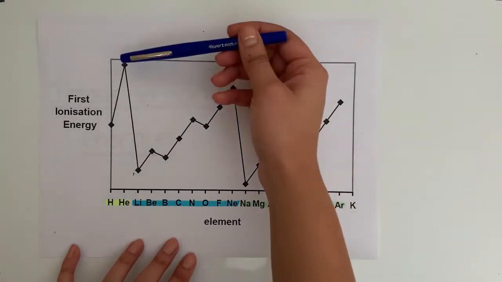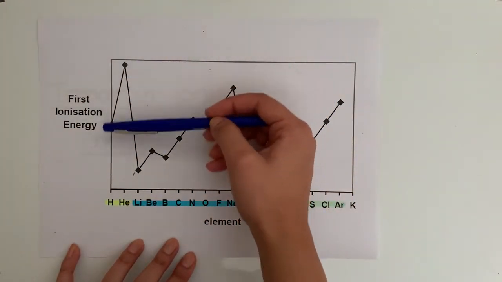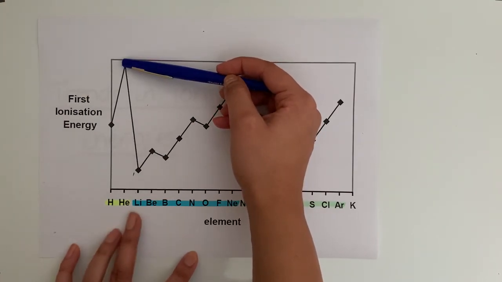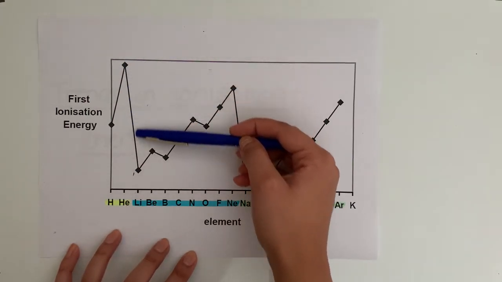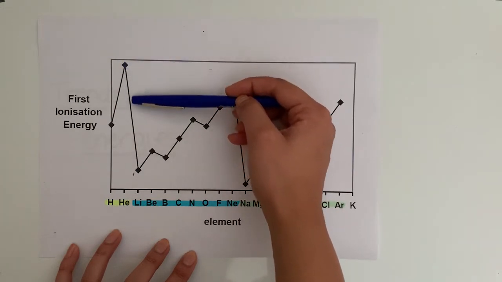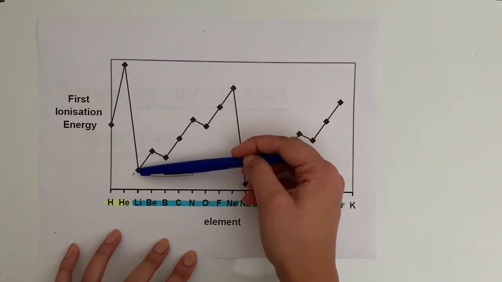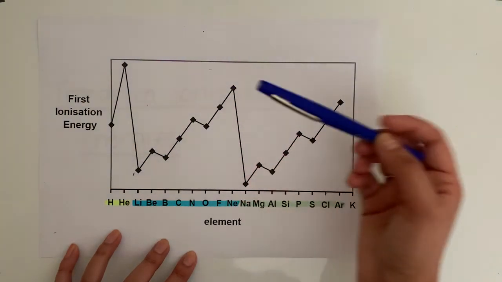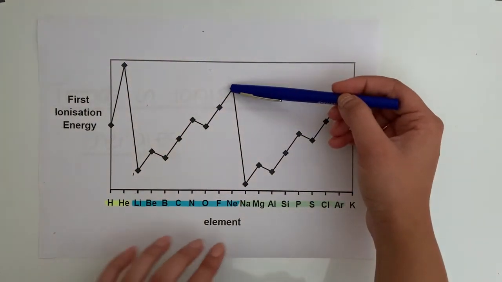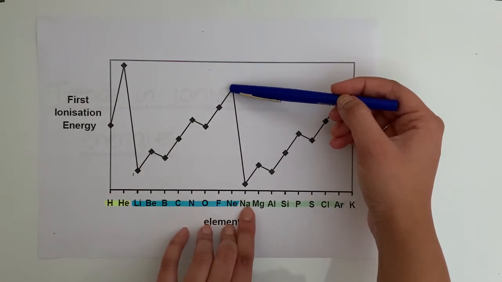When we go from the end of period 1, from helium to the beginning of period 2, which is lithium, there is a very, very sharp decrease. So when we start a new period, we have a very sharp decrease in the ionization energy. The same thing happens at the end of period 2 at neon, when we go to sodium, beginning period 3.